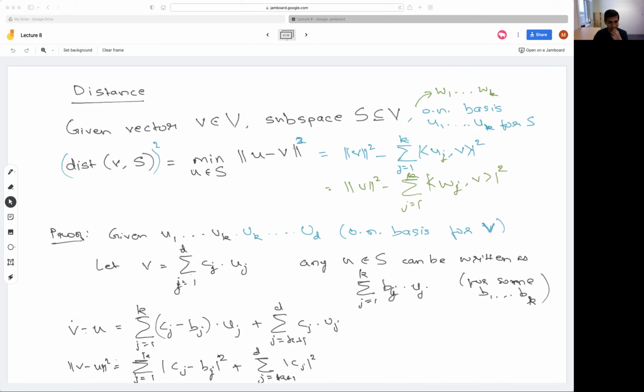Someone should speak up. It's okay, good. There is an answer in chat. Right, so we choose Bi equals Ci for the first K coordinates. And so if we try to minimize it over all U in the subspace, then we can choose all the Bis equal to Cis, and all we are left with is the remaining ones.